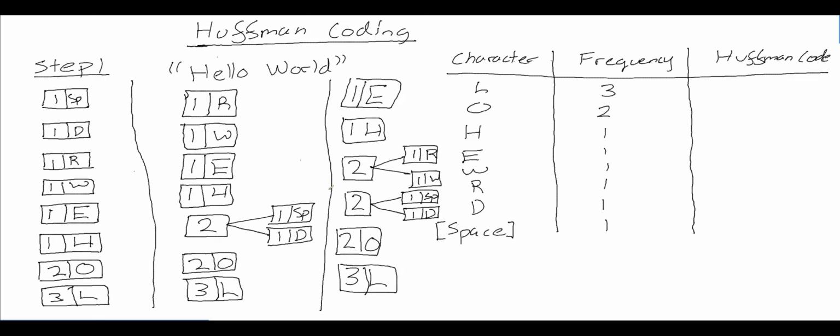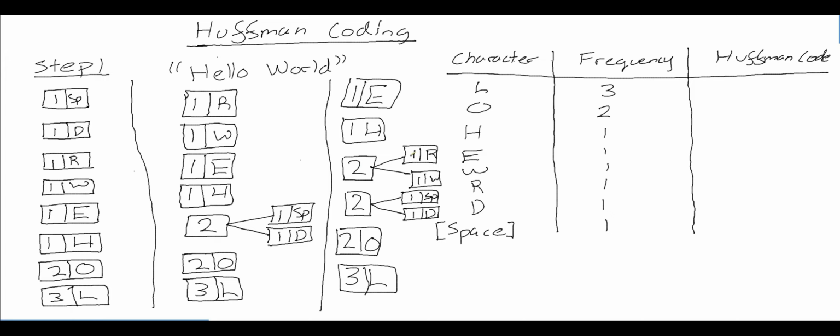Okay, so this is the next step of our algorithm. You can see what I've done here is exactly the same as I did from step 1 to step 2. I've taken the top 2 nodes, in this case from step 2 it was R and W, and I've added the frequencies together to get 2, and I've slotted that back into the list of nodes so that it runs in order.